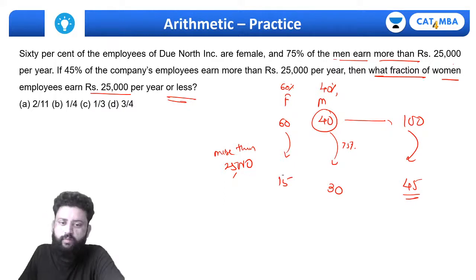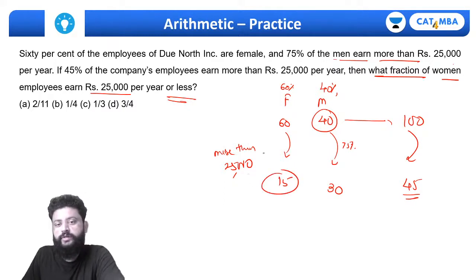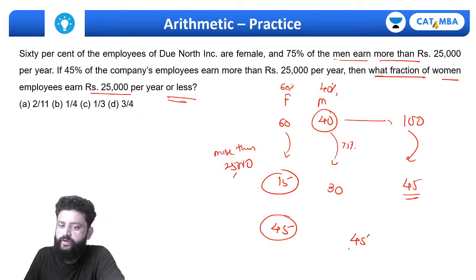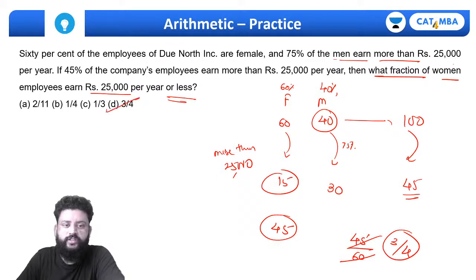So 15 is more than 25,000. So remaining 45 are less than or equal to 25,000. And what fraction of the women is asked. So 45 divided by 60 women, it should be 3/4. That's a simple question you can have on percentage. Just do not get confused with the wording.